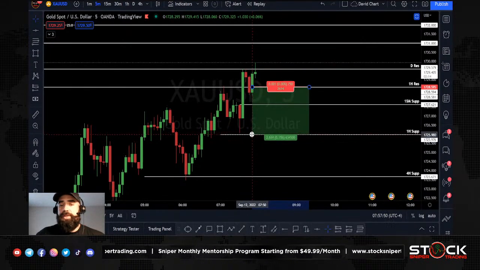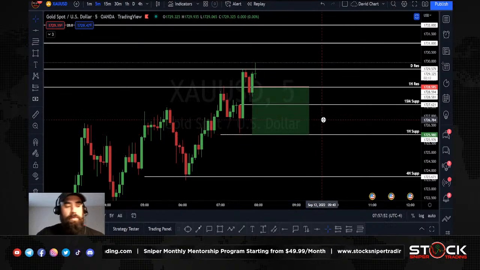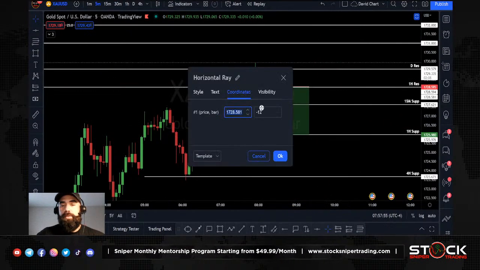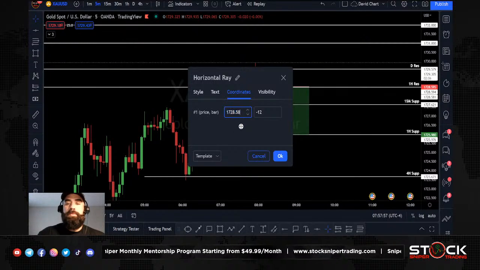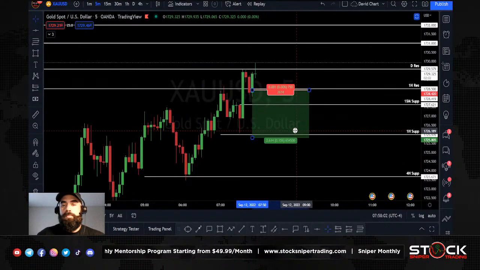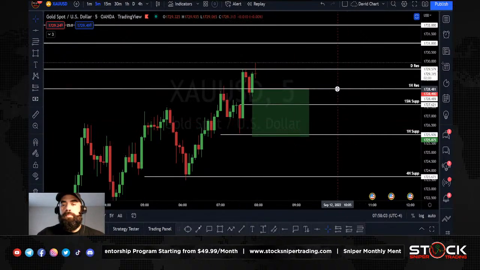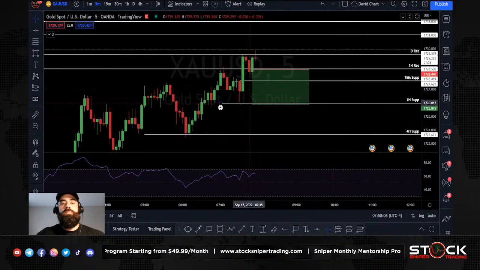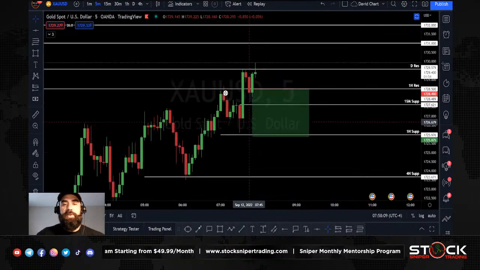So don't jump the gun, don't enter in just yet, guys. Let the hourly play out here. We know how we do things. 1728.5. So nice resistance coming here.